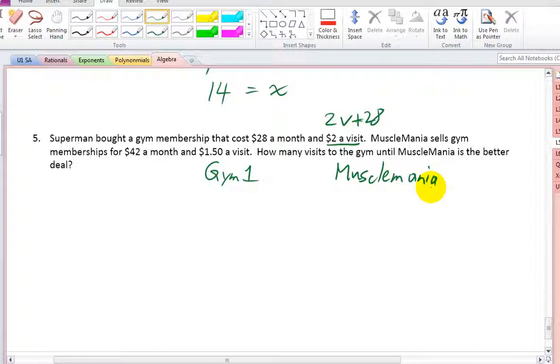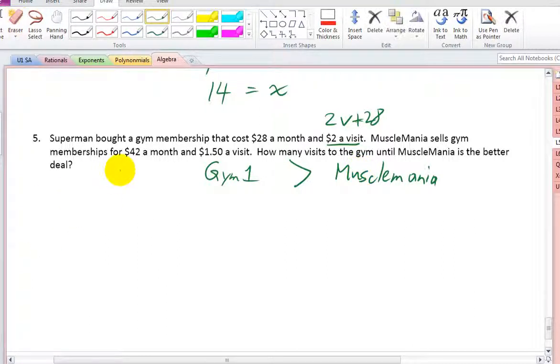It's cheaper. Okay. So if it's cheaper, which one's larger? Gym 1. So we got to figure out kind of when is Gym 1 larger. So remember the hungry bird, the alligator's mouth, always eats the bigger number. So we have to see when is Muscle Mania less than Gym 1. That's really important. You got to figure out.